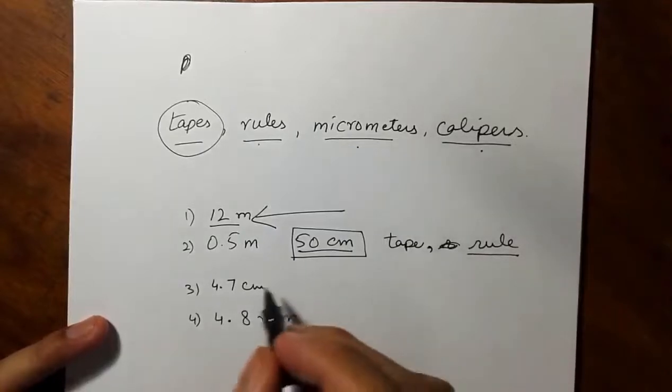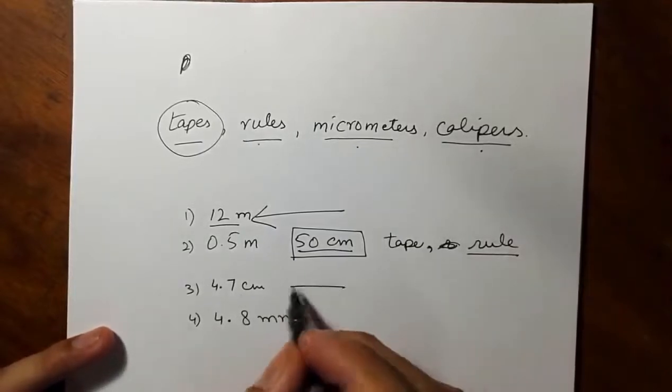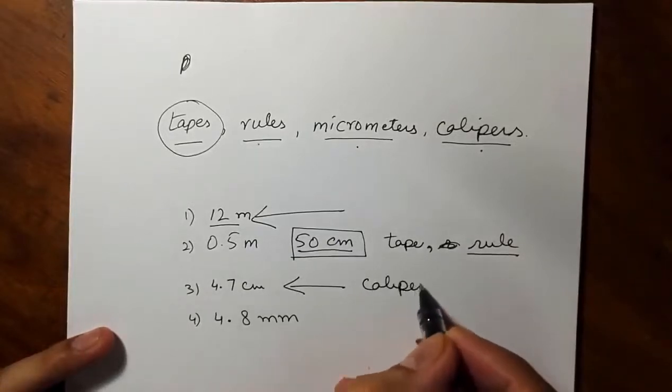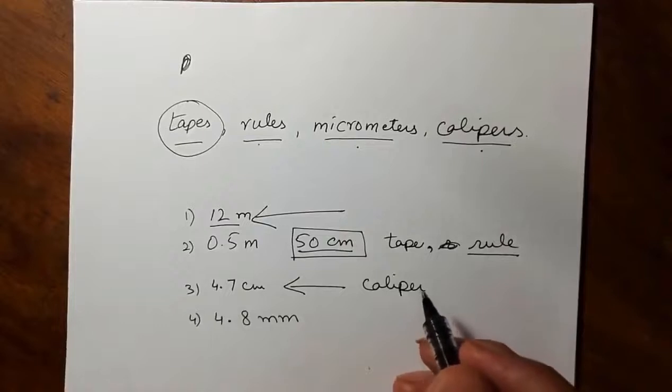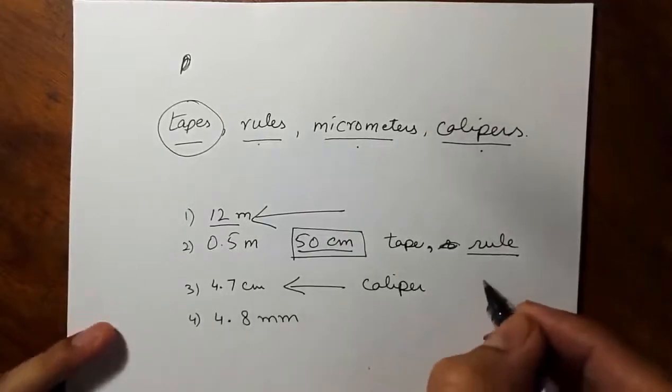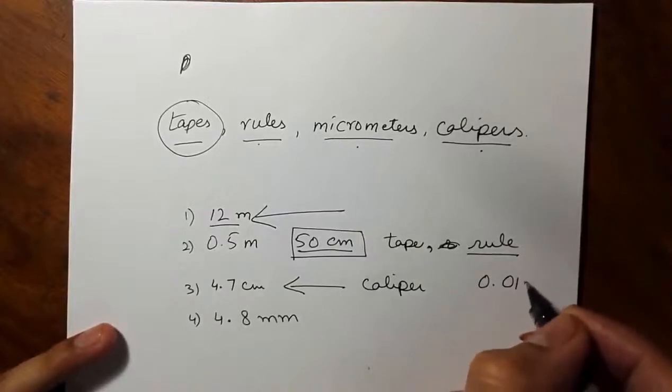Next, 4.7 centimeters. Now this length I can measure by using a vernier caliper, because the vernier caliper can measure length up to 0.01 centimeters.